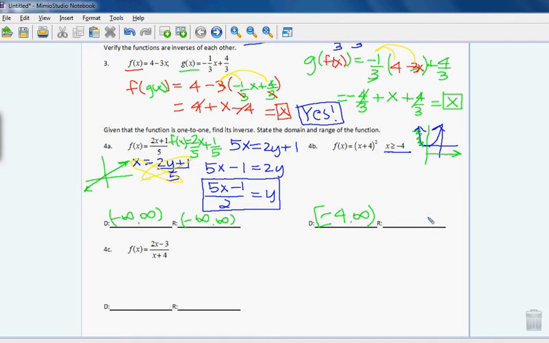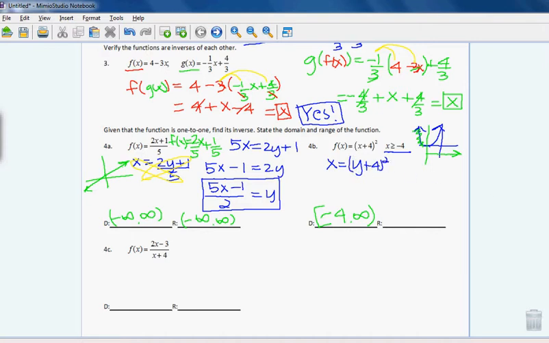And then to find the range of this, you can maybe look at a graph, if you can graph that, and just see that it's starting at 0, there was no transformation, and it's going up to infinity. But if you don't see that, the other way to do this is going to be find the inverse, which we have to do anyway. Okay, so I'm going to change this so I have x equals (y plus 4) squared.